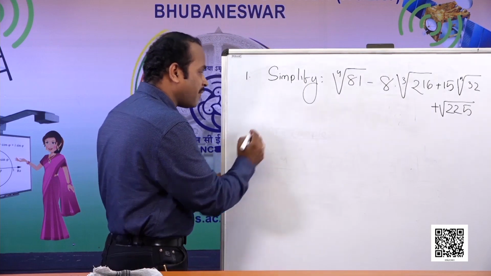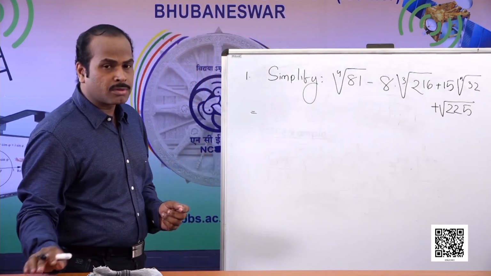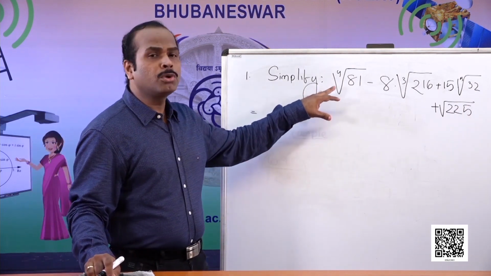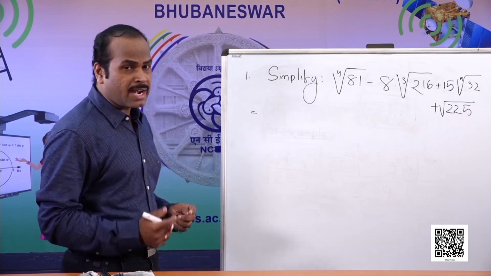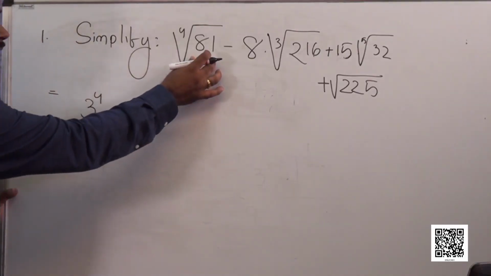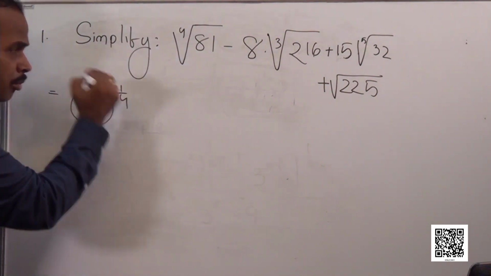So how will I simplify this expression? Again, using the same laws of exponents, we have to do it. Looking at it now, fourth root of 81, I can write as 3 to the power 4, because 81 is 3 to the power 4, whole to the power 1 by 4.